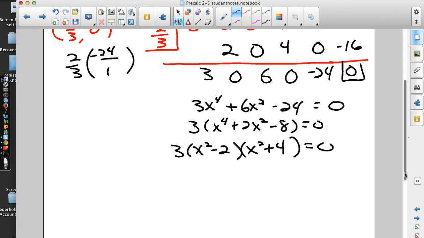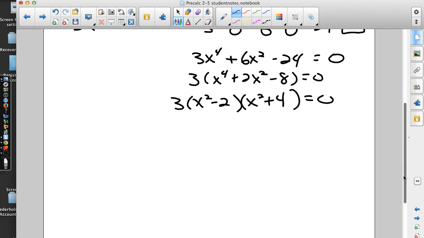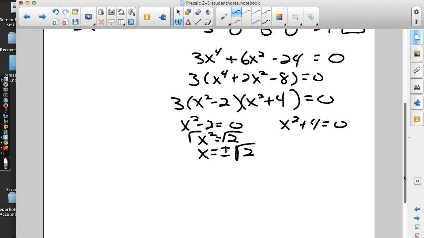Well, those we can solve. This allows us to keep going. So we'd have x squared minus 2 equals 0. We'd add 2, and there are our plus and minus square roots of 2. This little bad boy is the problem.